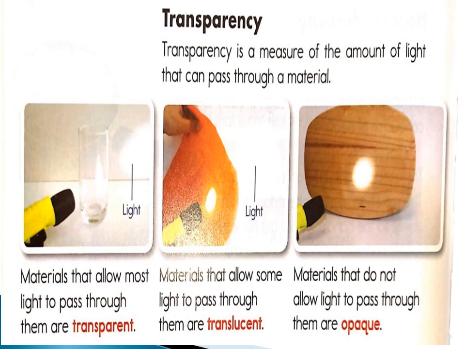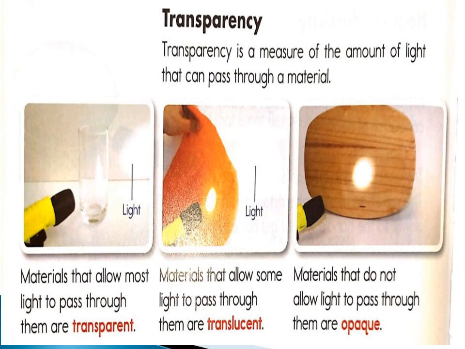But materials that allow some light to pass through them are called translucent materials. If I have a material that allows some light to pass through, like this orange-colored sheet, it allows some of the light to go to the other side on the wall.